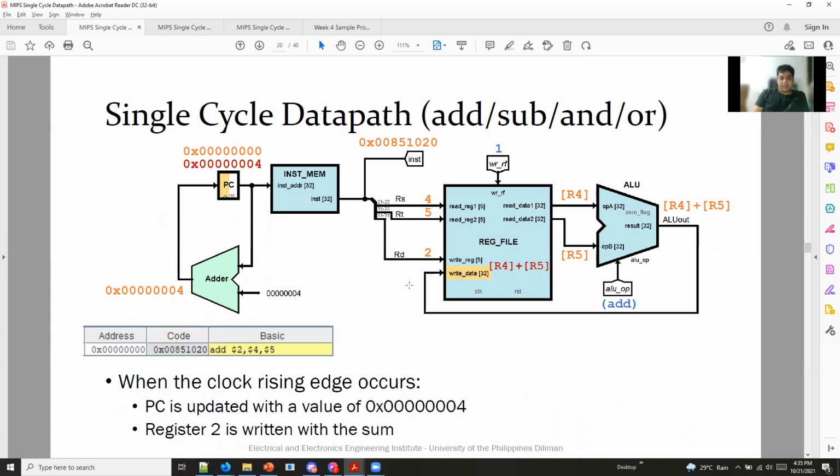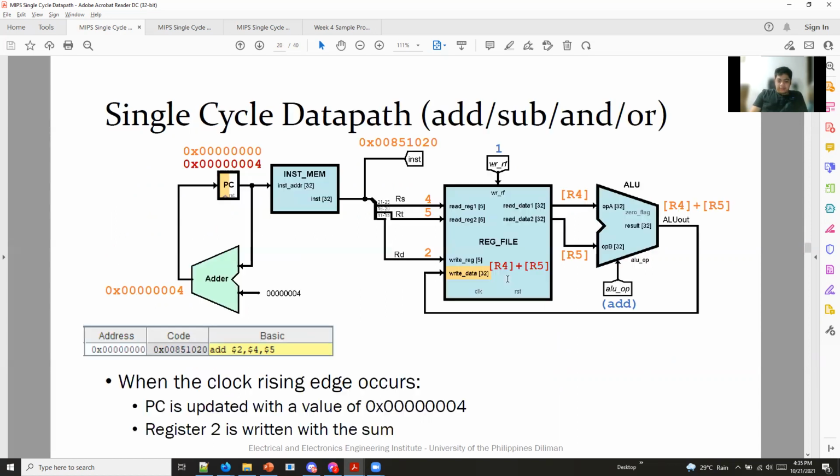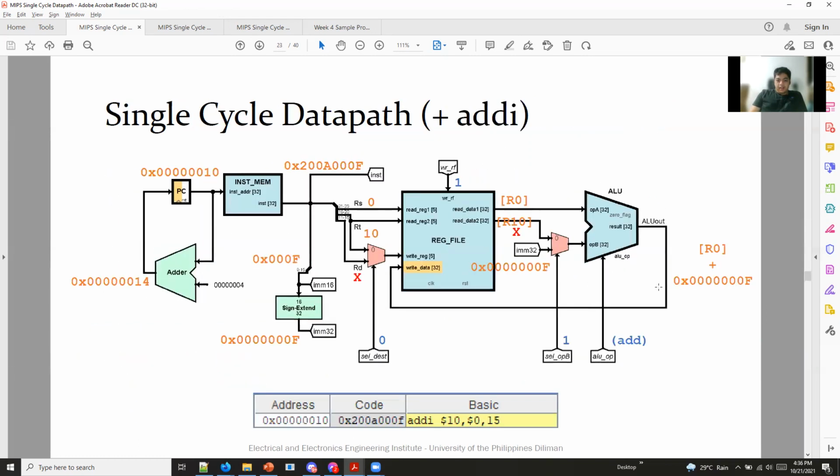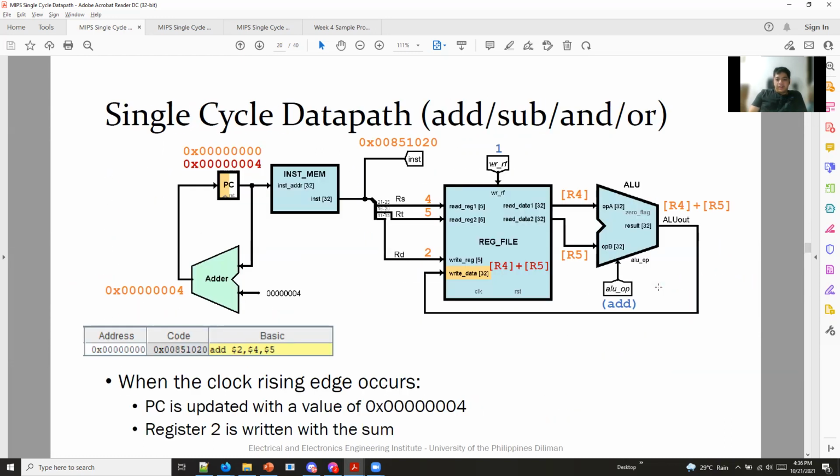So para pagka next cycle, pag next time na matrigger yung flip-flop or yung register na to, mag-update yung value niya. Yung control unit, siya yung nagde-decide kung ano yung mga signals nitong instruction, itong write register file at saka ALU op na flag. So basically yan yung pag-add, subtract, and OR.